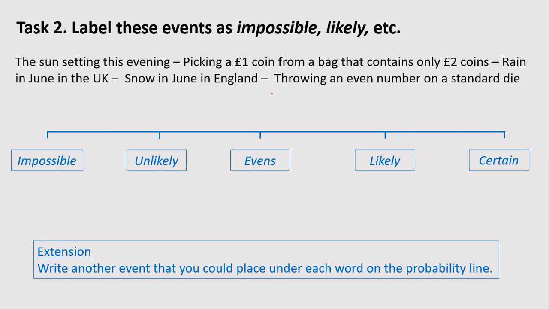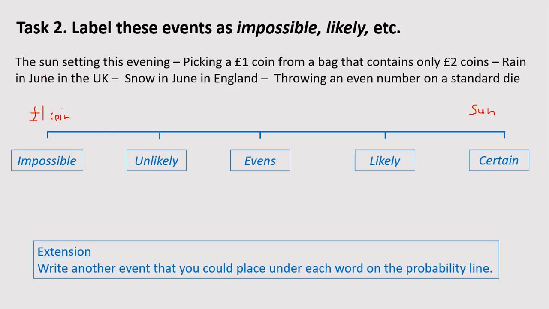So the sun setting this evening, that's going to happen. Let's put sun here just to make it a bit easier. Picking a £1 coin from a bag that contains only £2 coins. That's not going to happen. So I put here £1 coin. So you've got £2 coins and you can't get a £1 coin out of it.